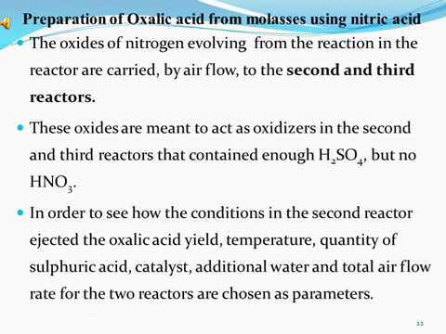In order to see how the conditions in the second reactor affected the oxalic acid yield, temperature, quantity of sulfuric acid, catalyst, additional water and total airflow rate for the two reactors are chosen as parameters.